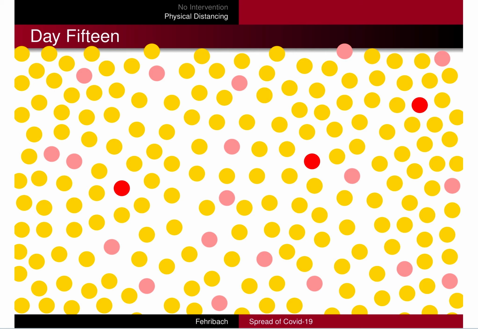This is the same screen you saw before for day 15, and indeed this is February 15th in our little simulation. Let's suppose that at this stage a very strict physical distancing scenario was implemented, maybe even stricter than what we have now, and maybe stricter than what has been in Italy for a while.